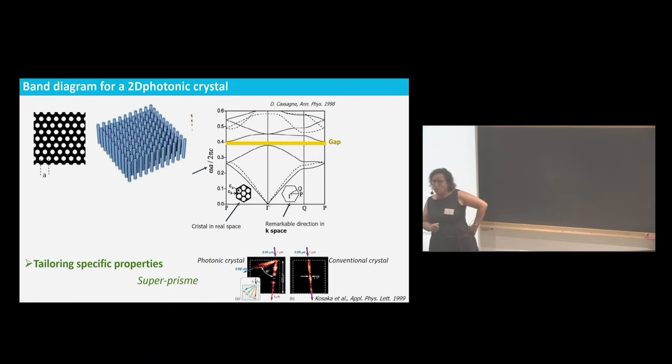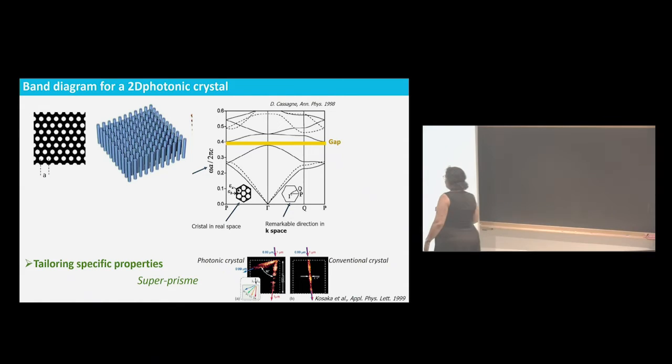photonic crystals. Here you have pillars or holes, it depends on what you have. Here I represented the band diagram for this realization. This can be realized in clean rooms, and the typical size depends on the wavelength at which you want to work.